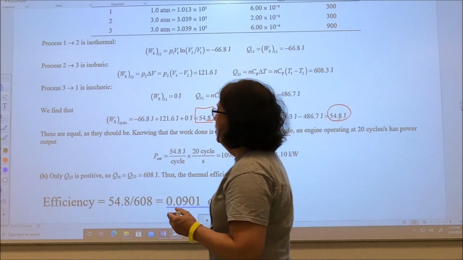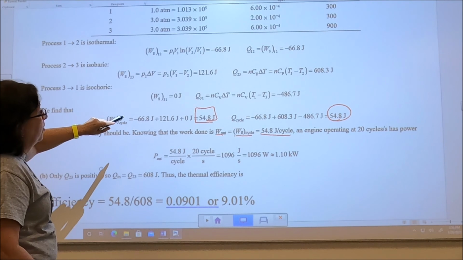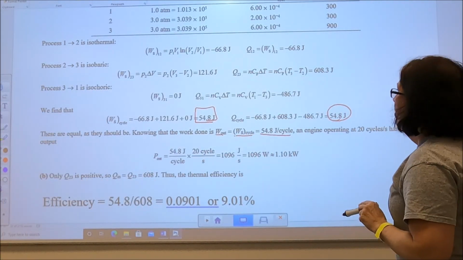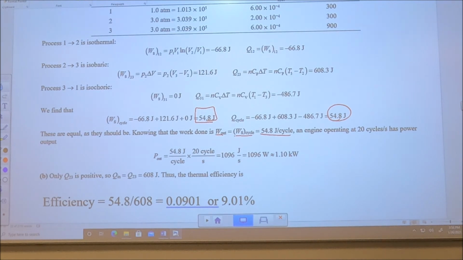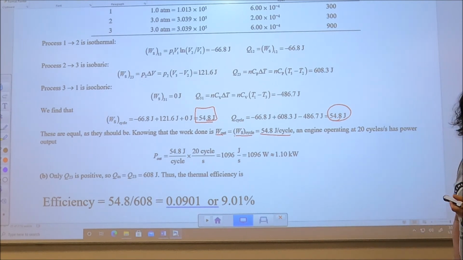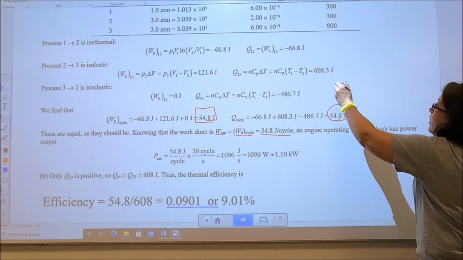Now, looking at our cycles up here: negative, negative, positive. Only 2 to 3 is positive, at 608.3 joules. That's Q_H, because it's positive, that's the heat energy flowing in.